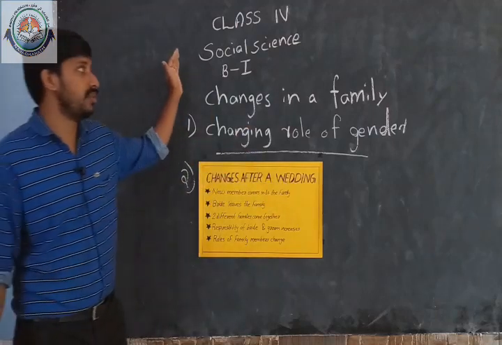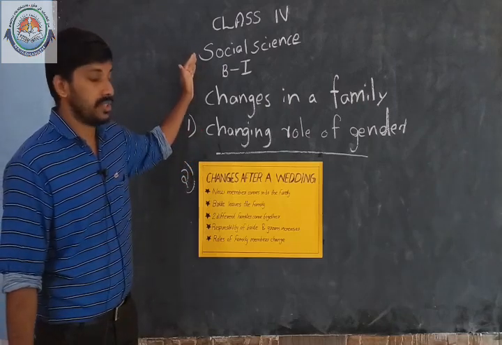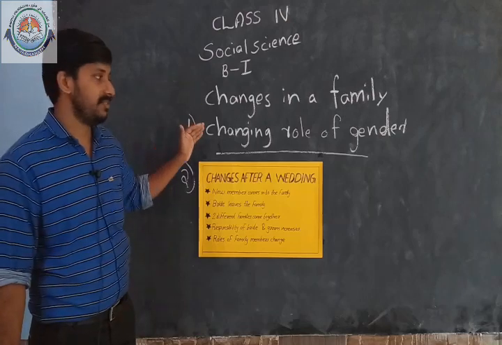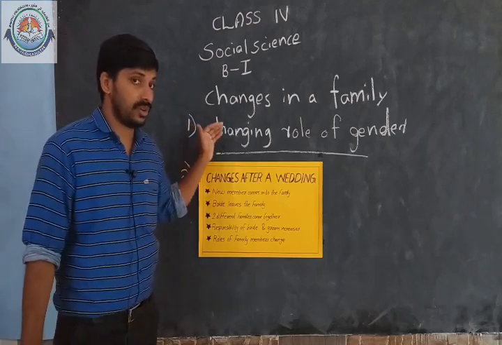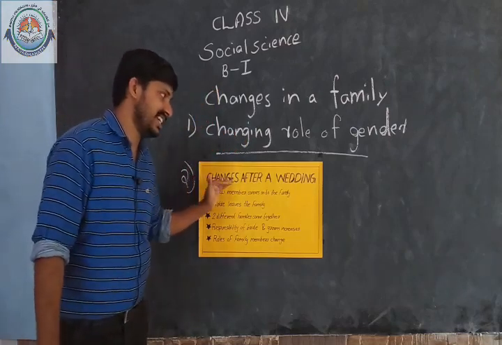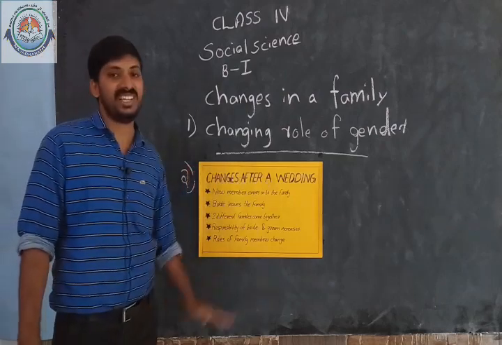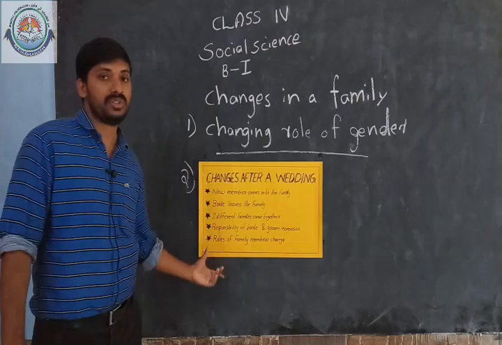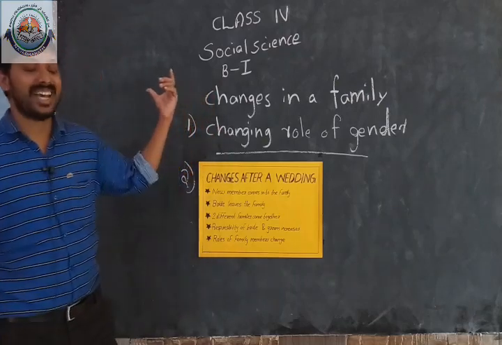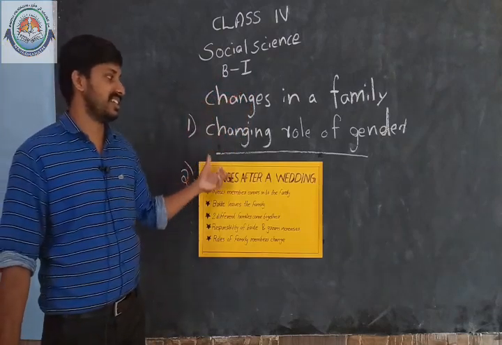These are the areas we wanted to analyze today. First we introduced the topic, block 1, changes in a family, and then we analyzed the changing role of gender, then and now. Next, we looked at how a wedding brings change in a family. These are the points you want to remember, and you should read the chapter very clearly, then only will you understand all the areas.